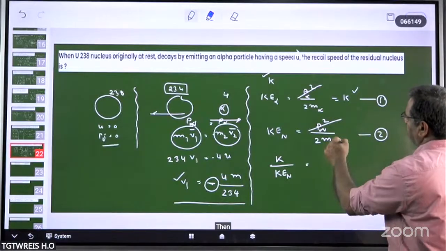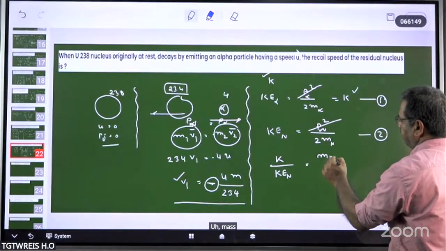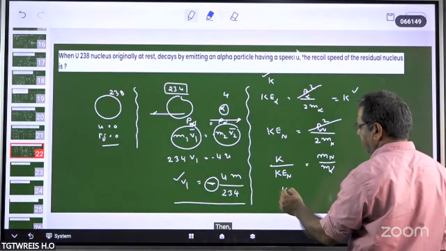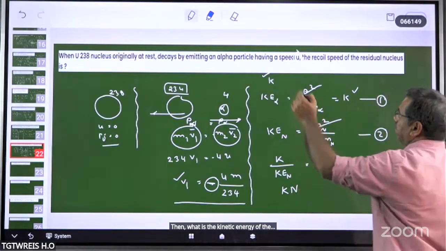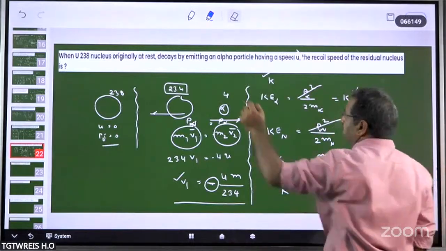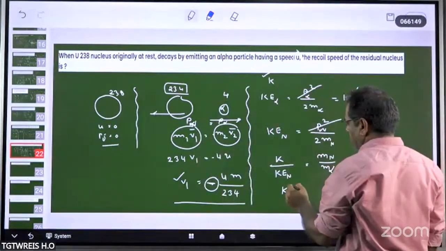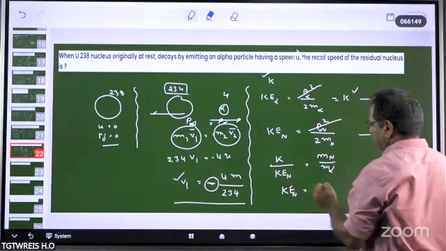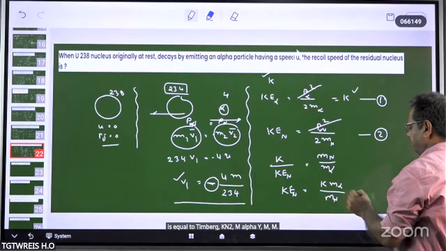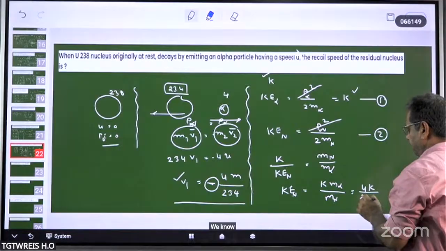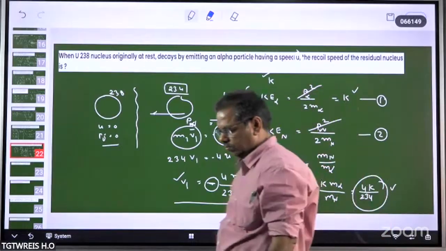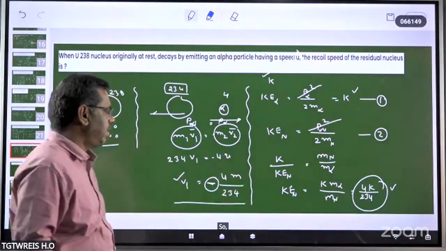Then what you get: the mass of the nucleus goes up, the mass of the alpha particle goes down. So the kinetic energy of the nucleus is equal to K into M alpha by M. We know it is 4K by 230. So that also we can find out.